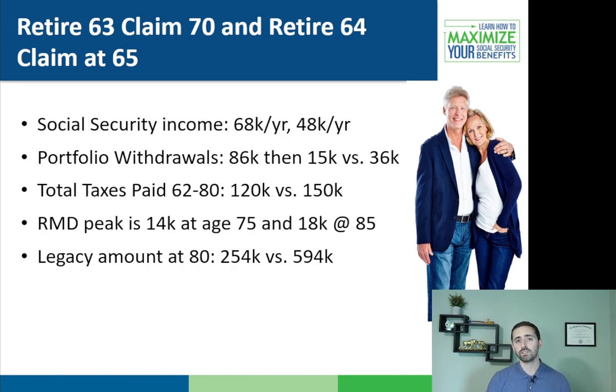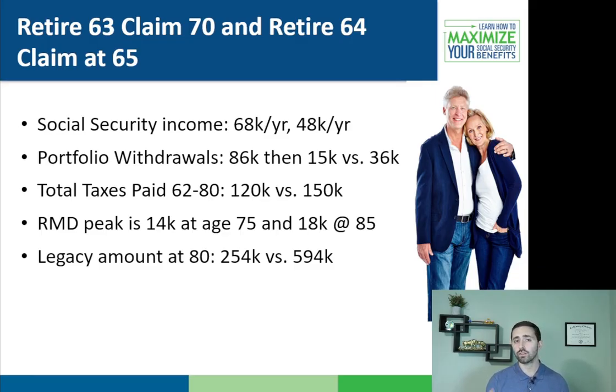What we didn't have to consider on the previous page was the RMD peak. That's because they never had a portfolio large enough in their 70s or 80s where they needed to consider RMDs. But in this one, we are going to have some peak years where we actually are going to have to look at that and make sure that they're withdrawing the correct amount. The good news for these plans for John and Mary are that the peaks of $14K at age 75, which is on our left-sided figures here, and then $18K at age 85, are well within the plans that we already have.